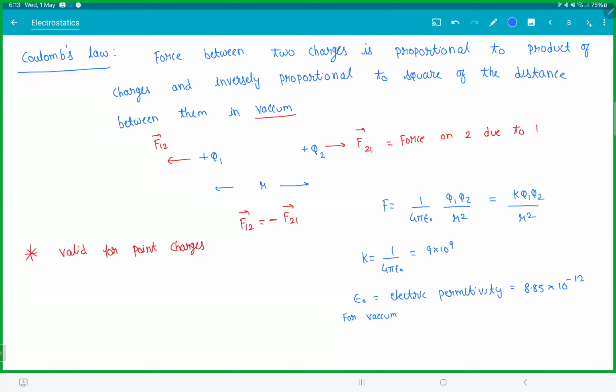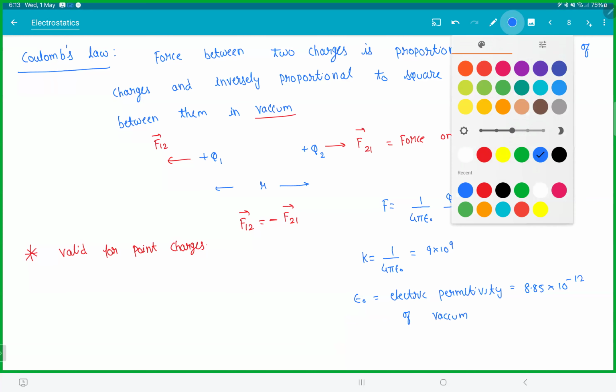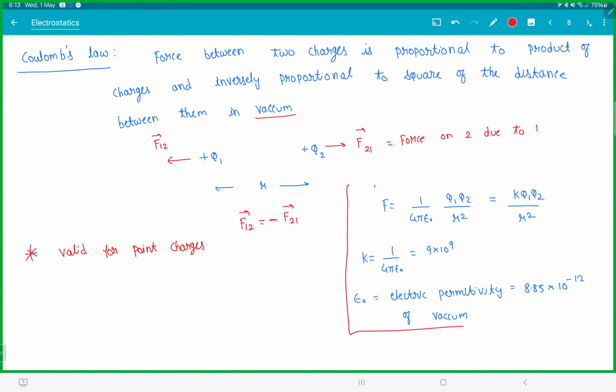So it's a permittivity of vacuum whose value is 8.85 into 10 power minus 12. There. This is your first numerical kind of formula there. Have a look at that. Clear?